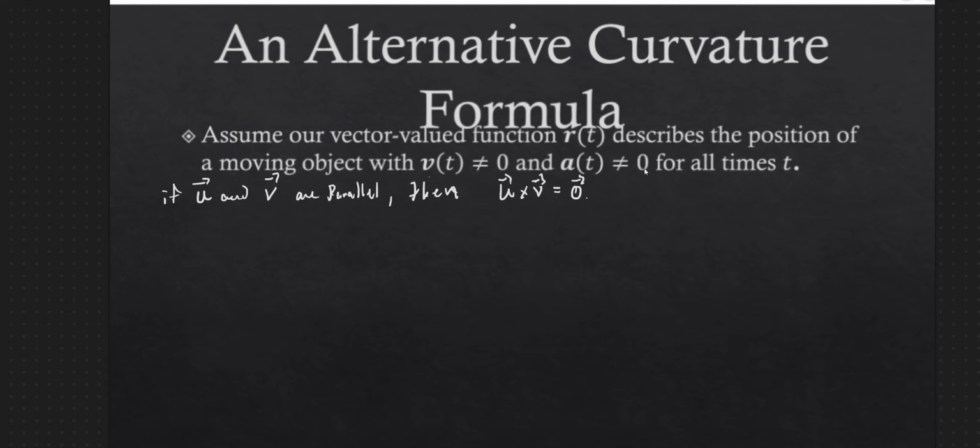Remember, you can think of the magnitude of u cross v as the area of the parallelogram made by putting u and v together. If they're parallel, then that area is zero, and we get the zero vector out here. So that's one thing to remember.